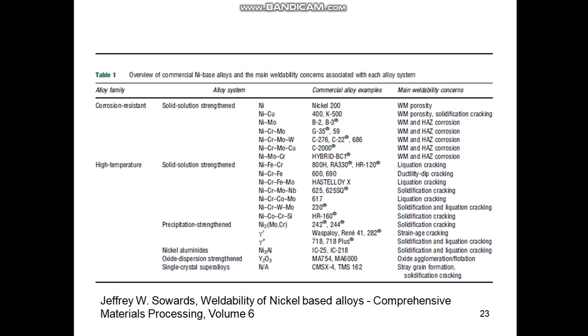This table contains the classification based on the application, like corrosion resistant application and high temperature application, and the alloy system, like solid solution strengthened and precipitation strengthened, and their commercial alloy examples and main weldability concerns. For example, corrosion resistant materials like nickel chrome molybdenum alloys most of the time face weld metal and heat affected zone corrosion.